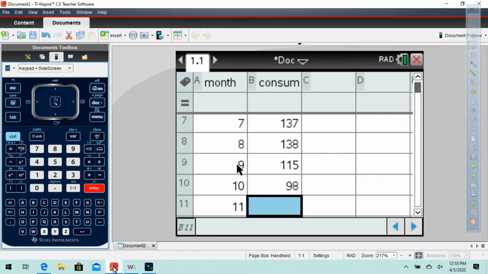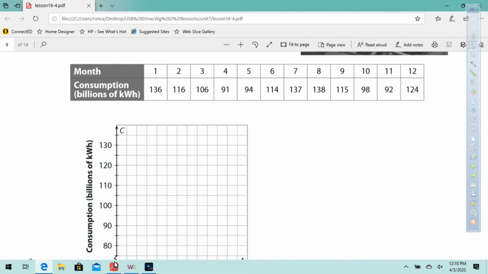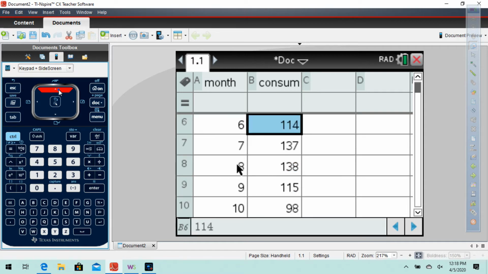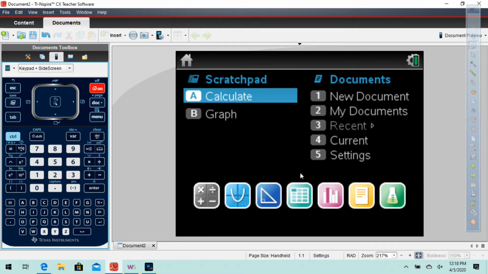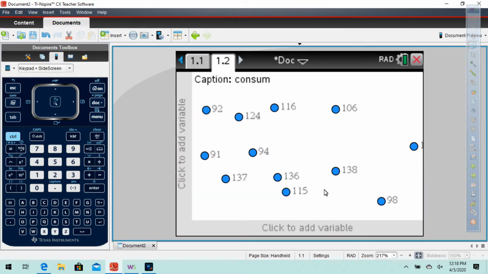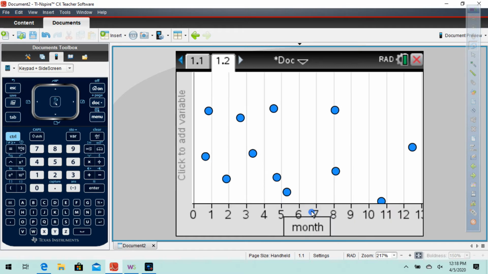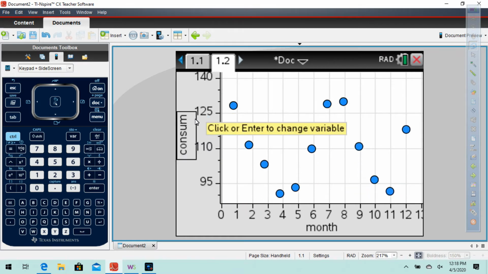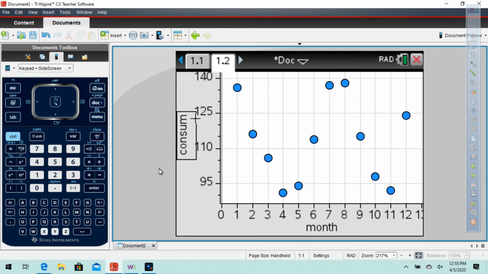We'll see if that was right. 150, 92, and 124. All right, so we got all of that. What's our next step? To graph it. Our independent variable is month. Our dependent variable is consumption. And that's what it looks like.